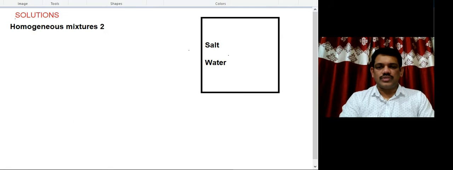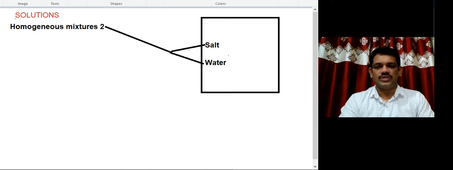So salt is one component and water is another component. Once you add these two components, we get a homogeneous mixture. But in this case only salt and water are present in this solution.